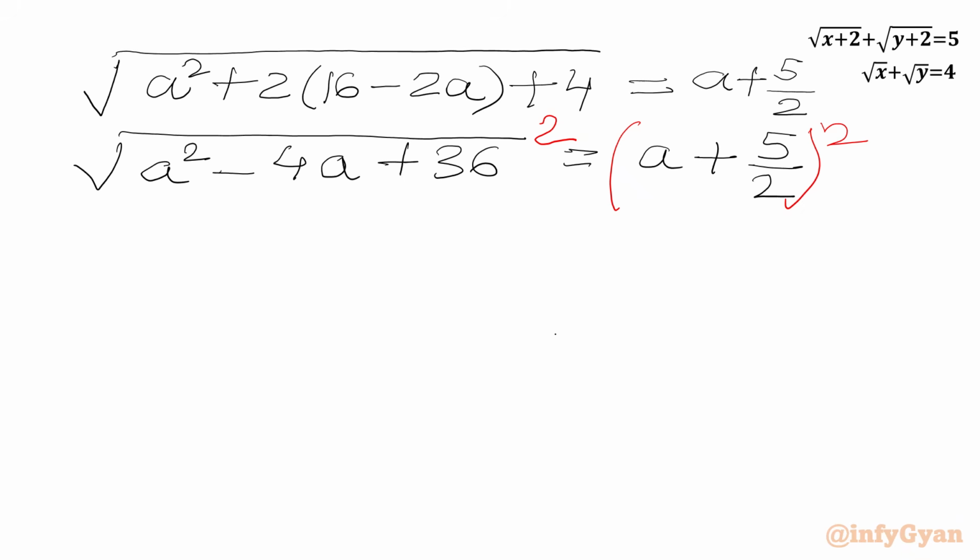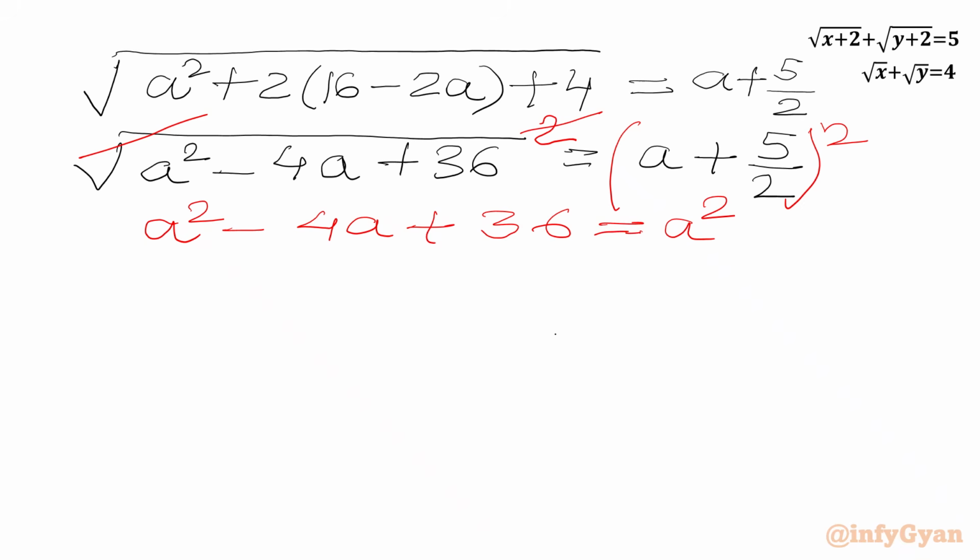So we will put part 2. Square root and square will get cancelled out and we will write equation a square minus 4a plus 36 in the LHS, and in RHS we will use a plus b whole square identity and get a square plus 5a plus 25 over 4.